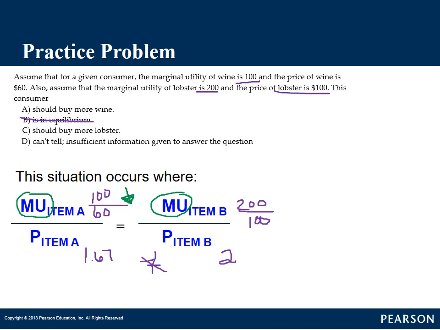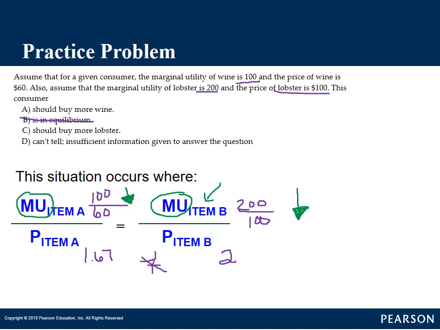The marginal utility decreases with an increase in purchase of a specific product. Similarly, if we buy more lobster, which is item B, the marginal utility of the lobster will decrease. If you buy 4, 5, 6, 7 lobsters, the more you buy, the less you want, and the less satisfaction you're going to get from that.